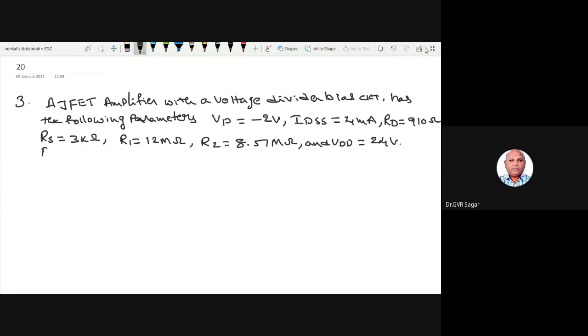Find the value of the drain current ID at the operating point, at the Q point. Right? These are the three problems.